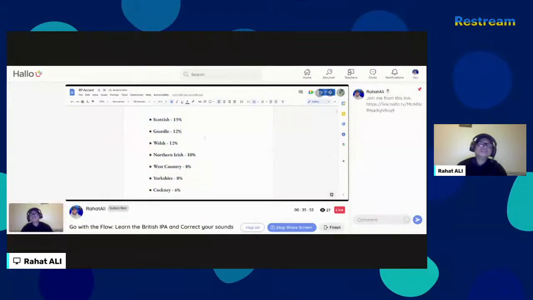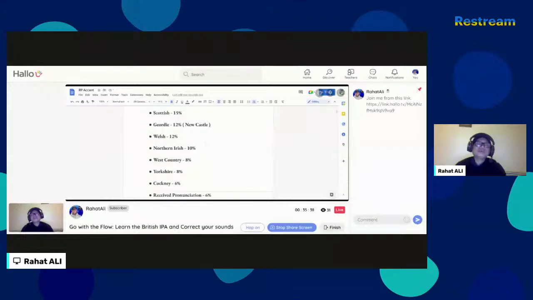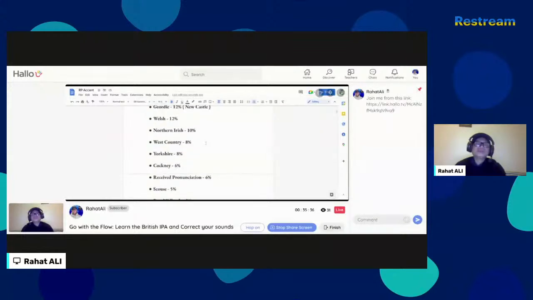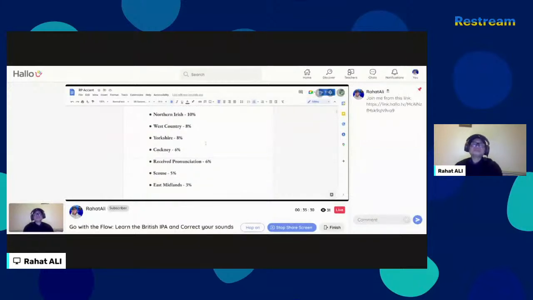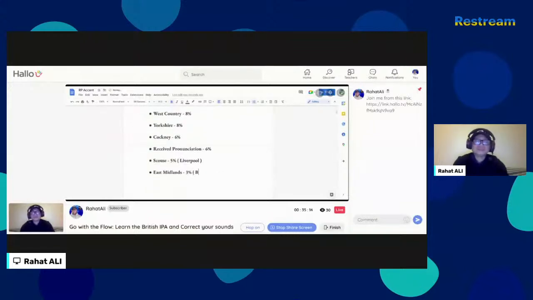Scottish 15%. Geordie, which is Newcastle. Welsh, from Wales. Northern Irish. West Country. Yorkshire. Cockney is a pronunciation. Scouse is Liverpool. East Midlands, sometimes they call Brummy.